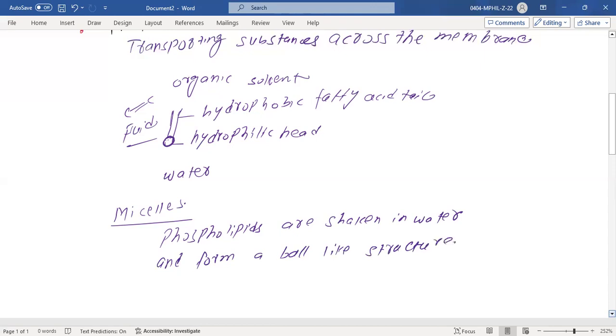Now the question is, why, when you expose these phospholipids to water, are they going to form a ball-like structure? That's the question we need to address. I have told you previously that the nature of the phospholipid is such that it has to be a ball shape. Why? Because, for instance, you have a condition like this.